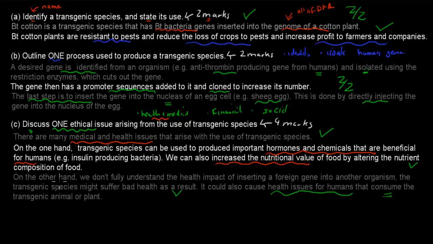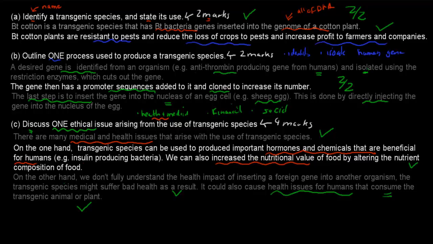So either the actual transgenic species will be directly affected, or if we eat it, we might have a bad reaction to it, and thereby have our health be detrimentally affected. And it's also worth a mark. So here we get 2 marks for mentioning 2 points when it comes to against, and 2 marks for mentioning 2 points for the mentioned ethical issue, which I chose to be medical and health issues.